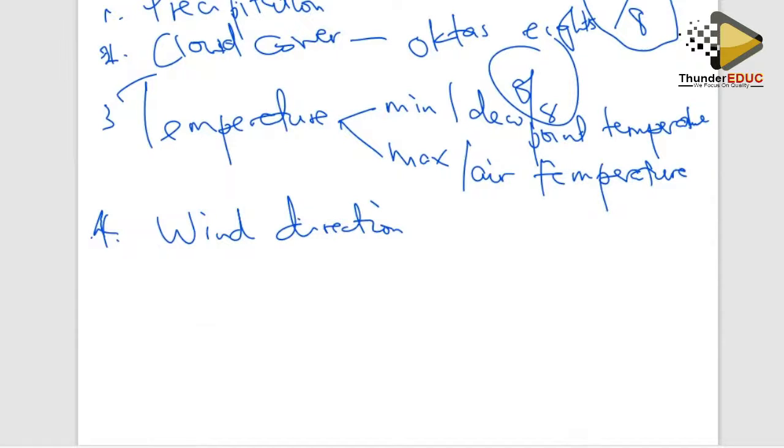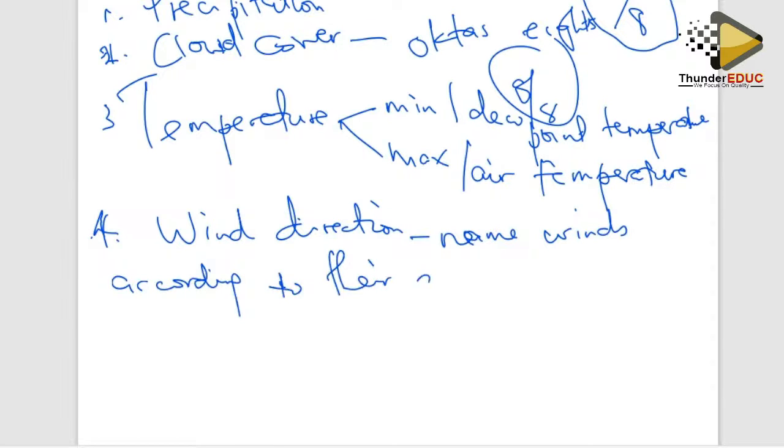And maybe what we need to highlight here geographically, when we're talking of wind direction, is that in geography we name winds according to their direction of origin.